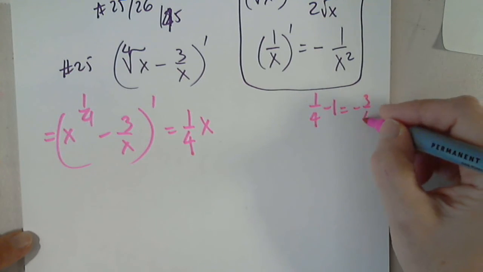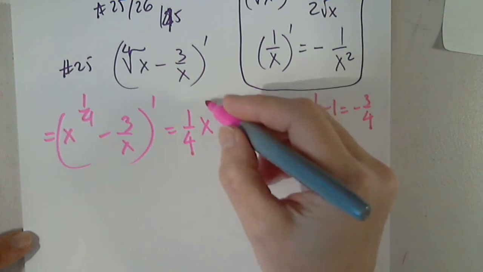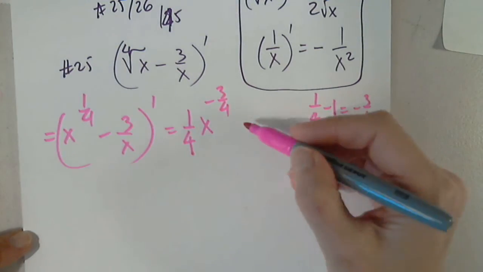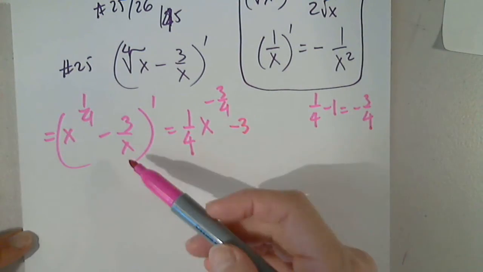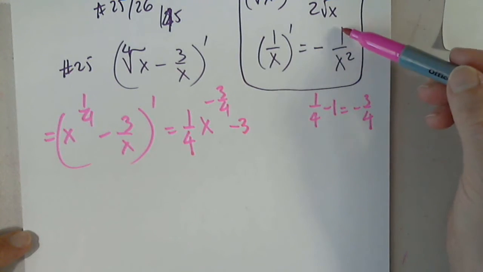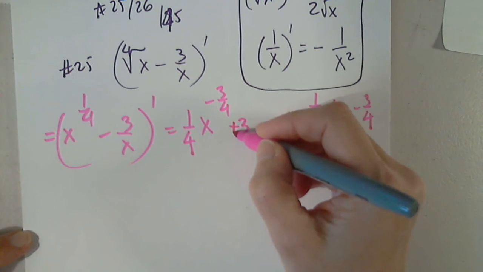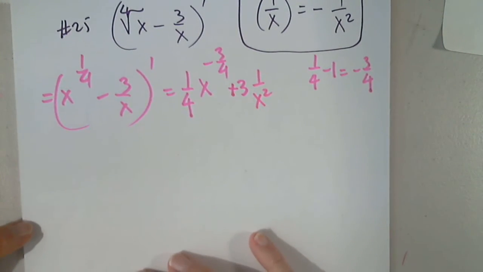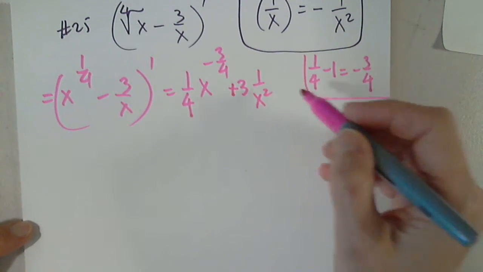So this is negative 3 over 4. And then, when I differentiate, I should write negative 3 in front. But the derivative of 1 over x is negative 1 over x squared, so I'm going to change this into plus 1 over x squared. You can leave it like this.